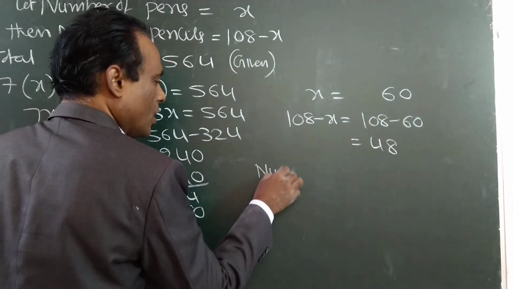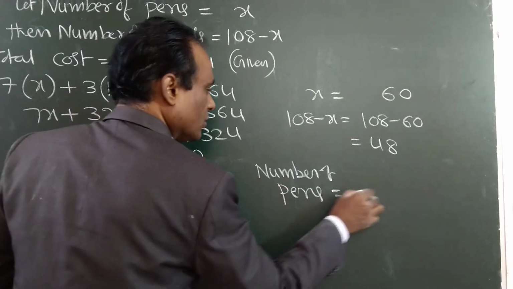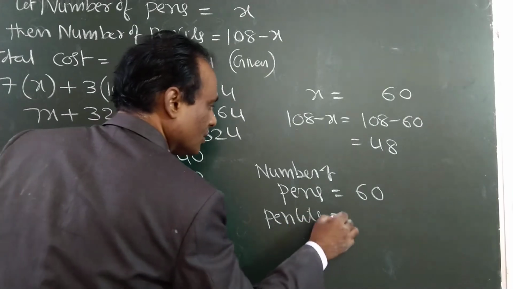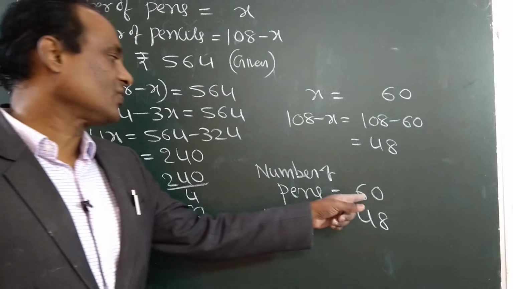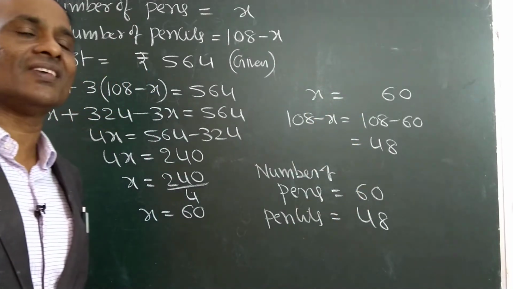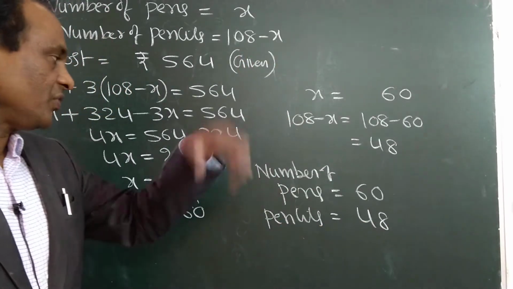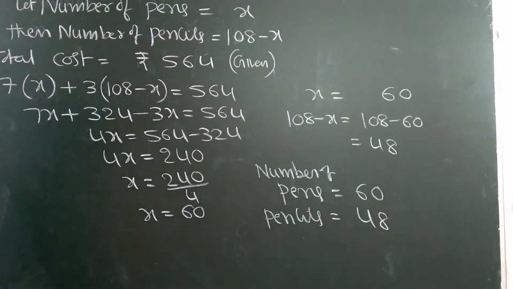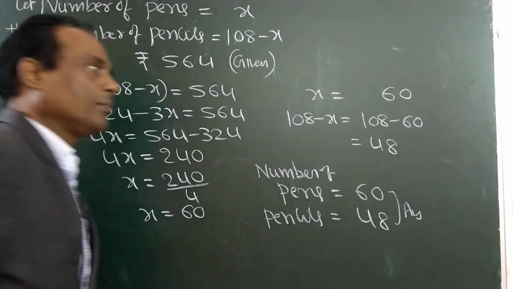So the number of pens is 60, pencils 48, total 108. Even if you calculate the cost, 60 pens, each 7 rupees, 60 into 7 is 420 rupees, and 48 into 3, and if you add, the total we will get is 564 rupees. This is the procedure. See the procedure.